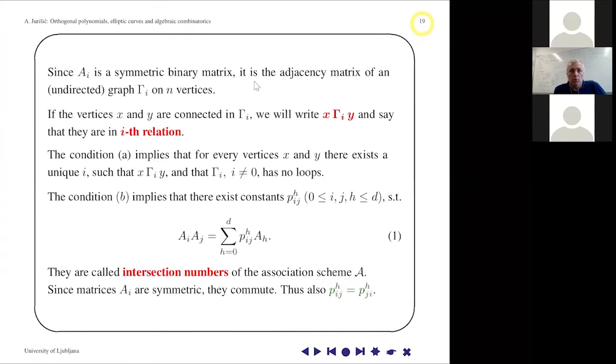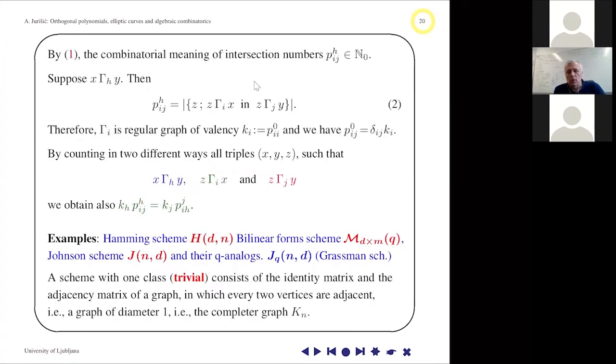So okay, we have this product as a linear combination, which gives us the structural constants that we call intersection numbers. We all know the properties of these intersection numbers, so I'll skip this part, but these intersection numbers actually count the elements in a set, and this cardinality is a natural number or zero. So definitely we have this integrality condition on the structural constants. Now Jack already mentioned infinite families of distance regular graphs.